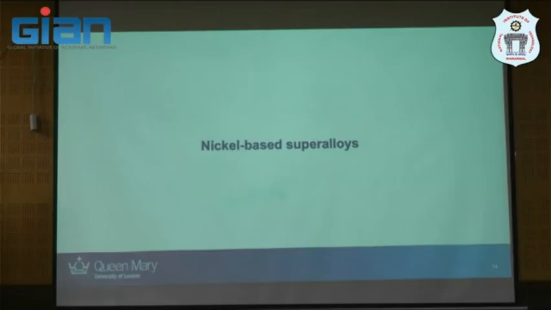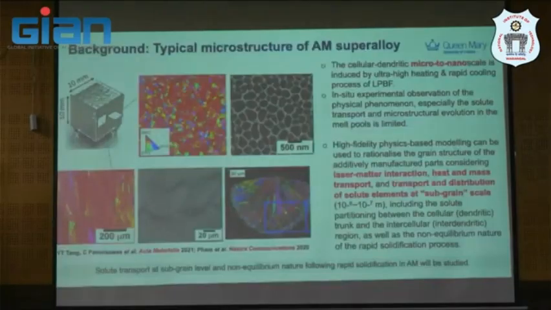It could be gamma prime or gamma double prime or delta, there are so many varieties of nickel-based superalloy from the metallurgy point of view that will make it differ in terms of solid mechanics. Or if it's a solid solution nickel-based superalloy, that is another story. As you know from mechanical engineering, the nickel-based superalloy we're talking about is mostly gamma prime strengthening superalloy.